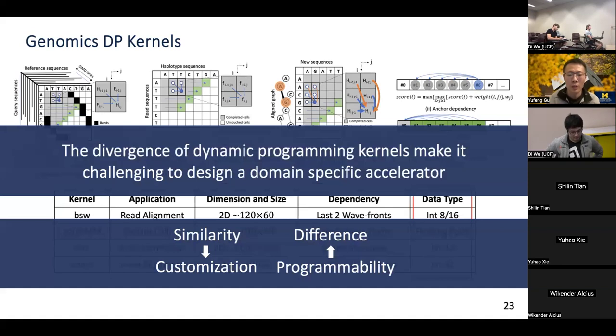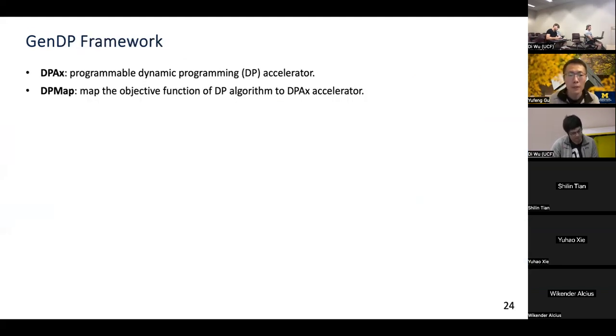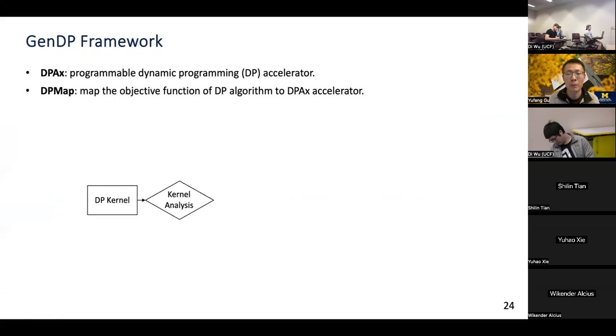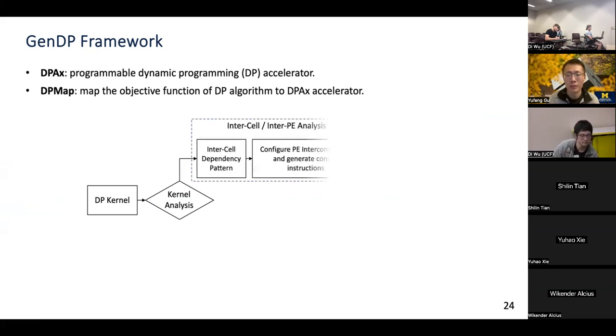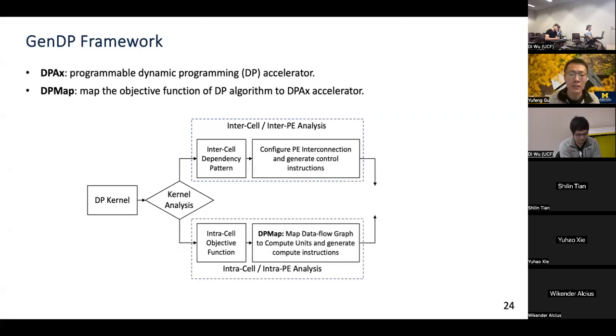build custom hardware for their similarity and use programmability to support their difference. So GenDP includes the DPAx accelerator and the DPMap algorithm. When we have a new dynamic programming algorithm, we first analyze the problem and look at its inter-cell dependency pattern.